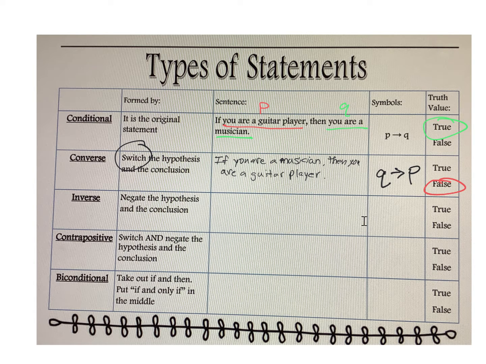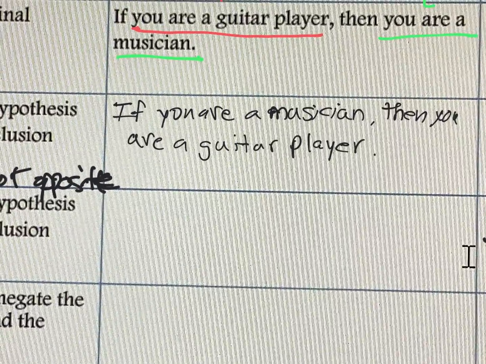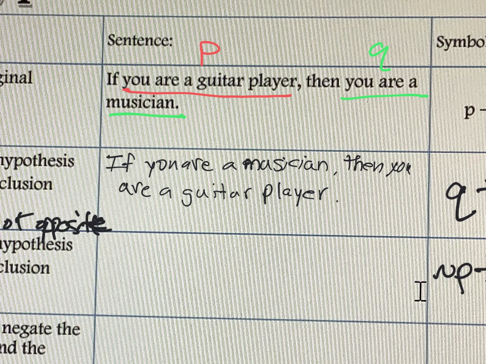So now let's do the inverse. The inverse says to negate it. Okay, so negate it. So we're going to take the conditional statement, if not P, then not Q. So we're taking the beginning part and we're adding the word, what is it? Not. So negate means not or opposite. Okay, so right here we take our conditional statement and we're going to take the opposite of it.